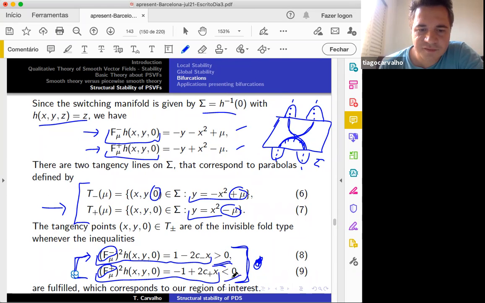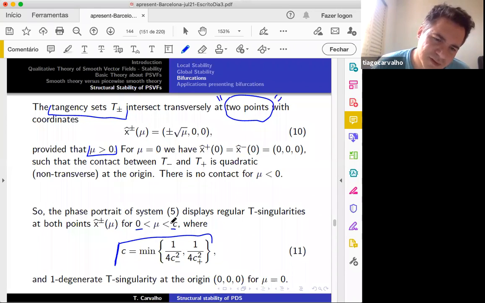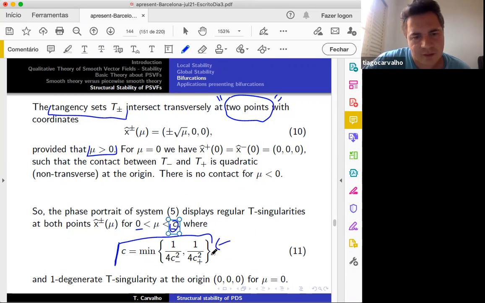This is related to the domain where we have just invisible singularities of both vector fields. So for m smaller than c, both fold singularities are Teixeira singularities.